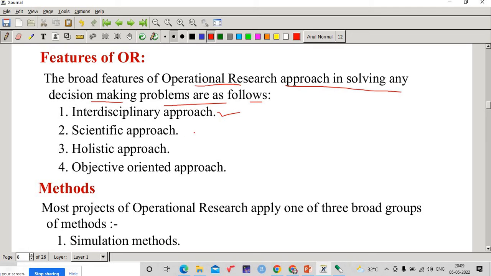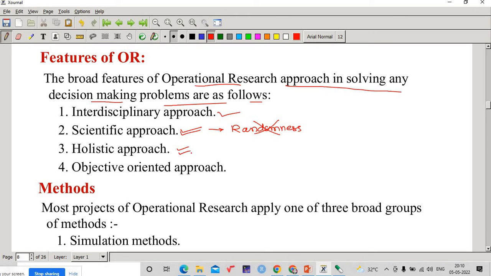We have an interdisciplinary approach of OR in every branch. Scientific approach, definitely. Scientific approach stands for analytical thinking and implementation. So scientific approach is the best feature of operational research. We are not using any kind of randomness in decision making.